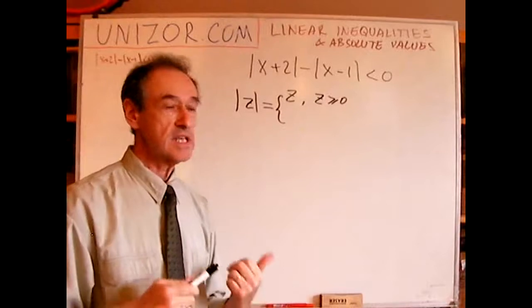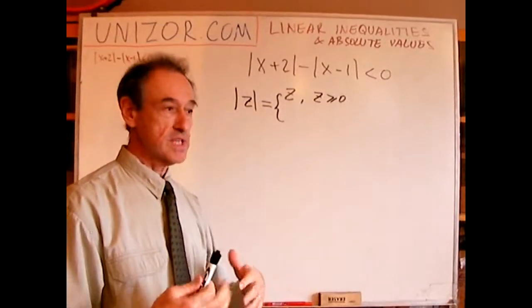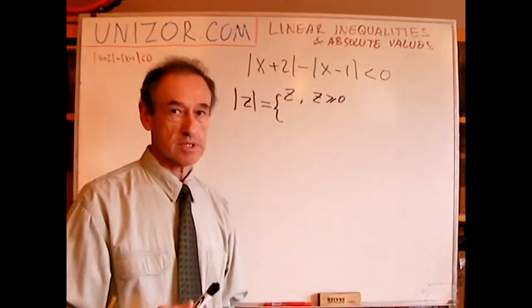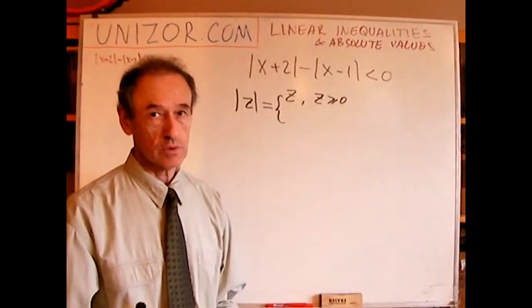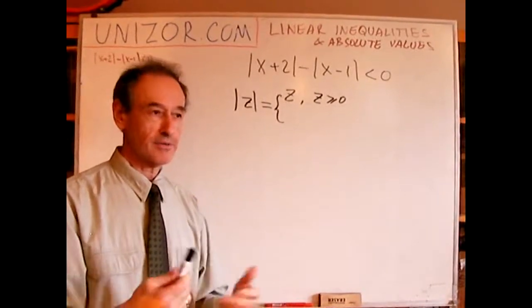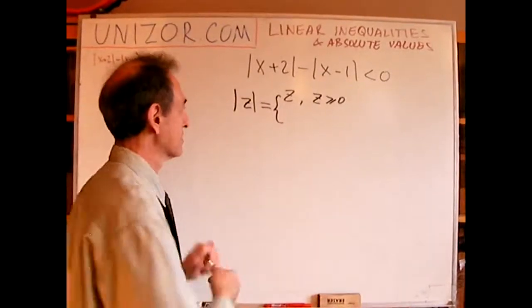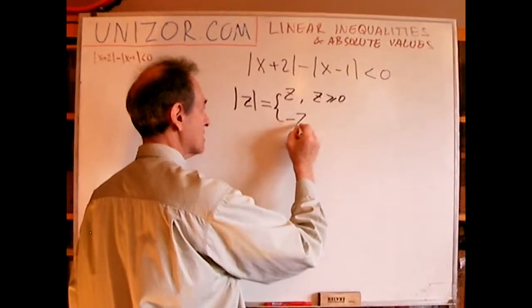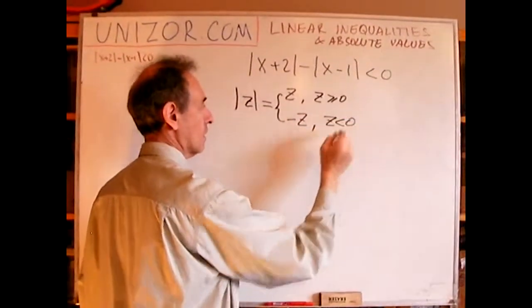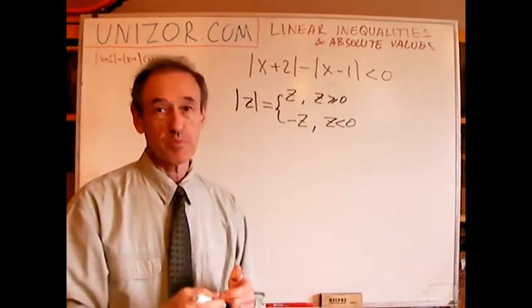Now, what if z is negative? Well, if z is minus 2, then we know that its absolute value is 2, right? How can I get 2 from minus 2? Well, I have to negate it, right? So if I negate z, which is negative by itself, then I will get the corresponding positive.